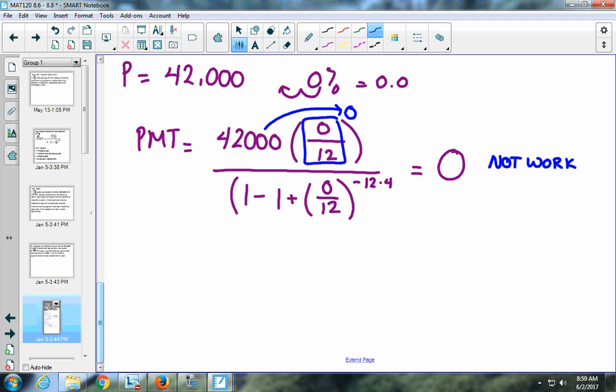What we do instead is use logic. If we have to pay a total of $42,000, but pay absolutely no interest on it, it means that we are only paying back our $42,000. We have to divide it then by the number of payments.